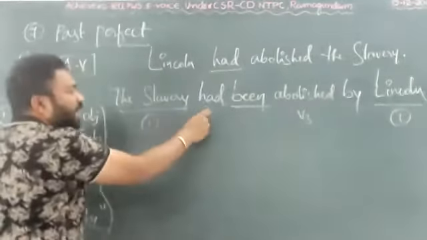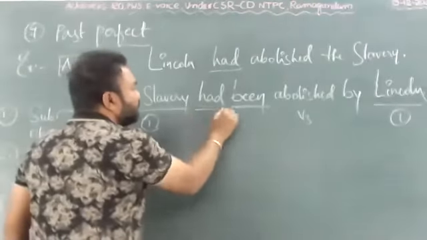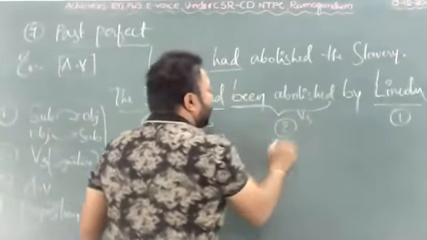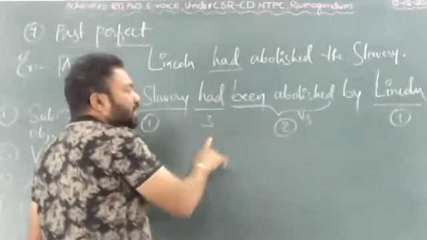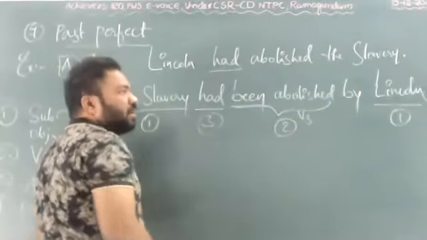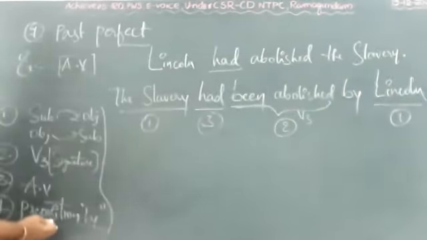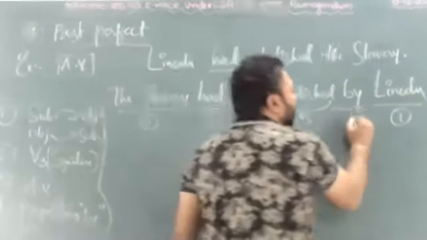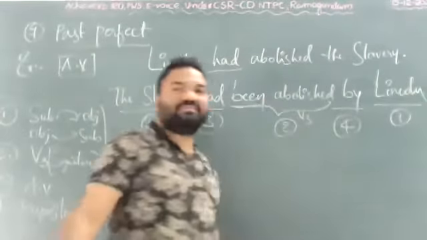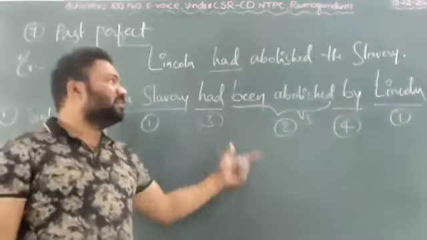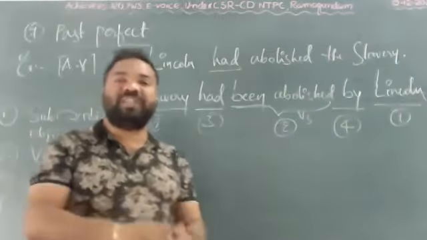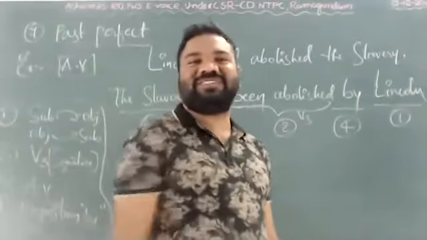Therefore, I have taken had. This is rule 3. This is rule 2. So first rule completed, second rule completed, third rule completed, and the last rule which we have here is preposition. And this is what I have done. Nothing great. So this is how it works with the past perfect forms.